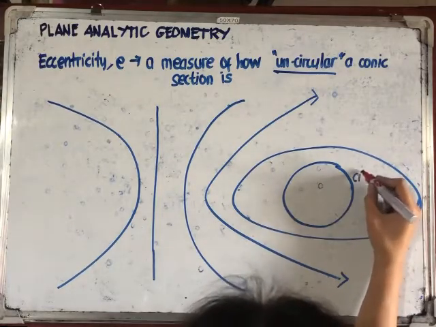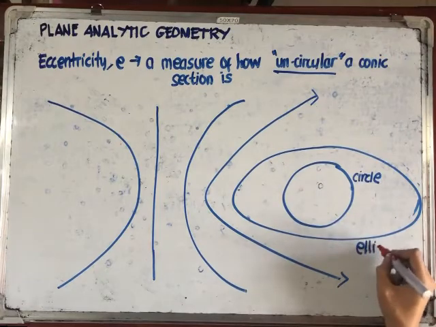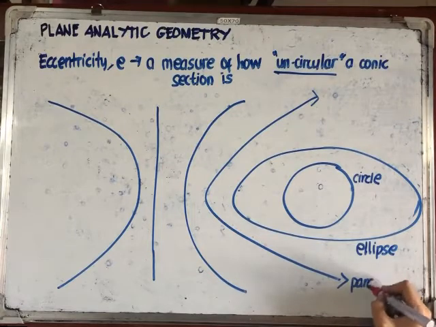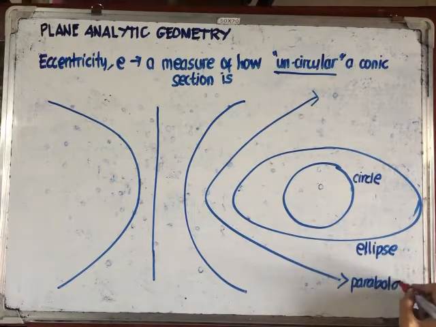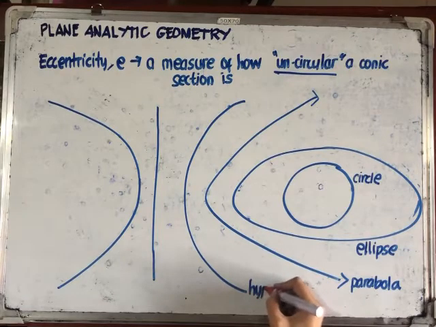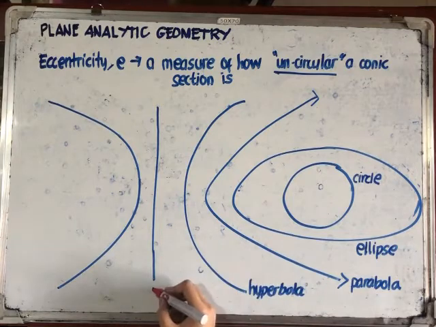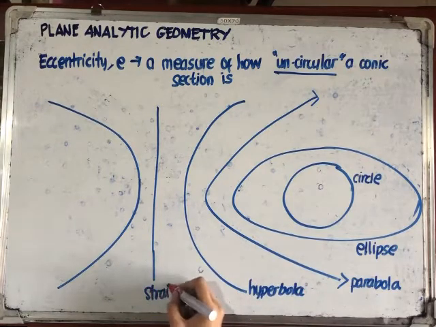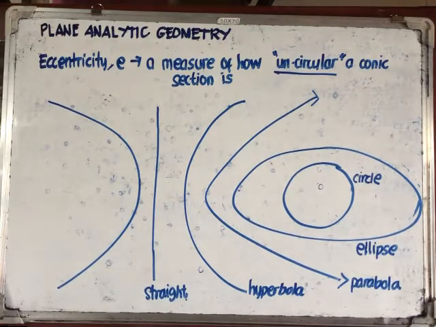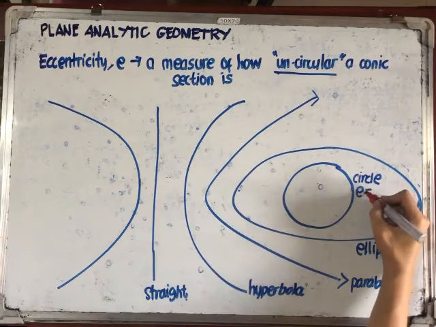Eccentricity ng circle, this one is bilog. This one is ellipse. Parabola. And this two is a hyperbola, no? Kasi dalawa naman talaga yung side ng hyperbola natin palagi. And this one is your straight line. So, parang nasa hierarchy sila of how uncircular a certain figure is. Siyempre, ang circle is perfectly circular yan.